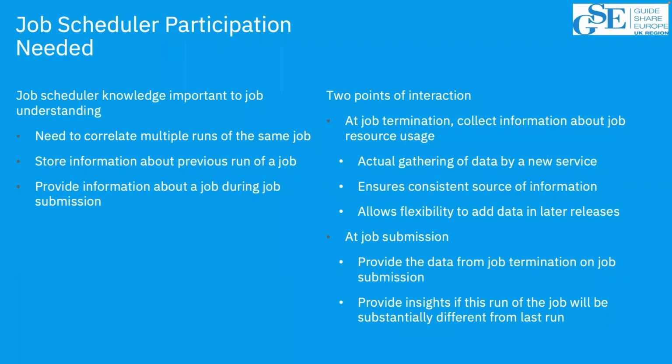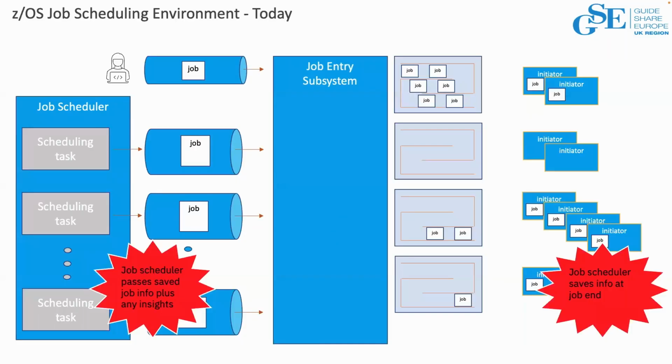At job termination, the job scheduling tool should collect information about job resource usage. At job submission, it can provide information about the previous runs of the job. So here is the picture of how the z/OS job scheduling environment will look after this announcement.